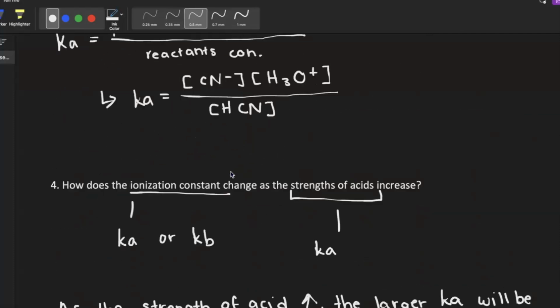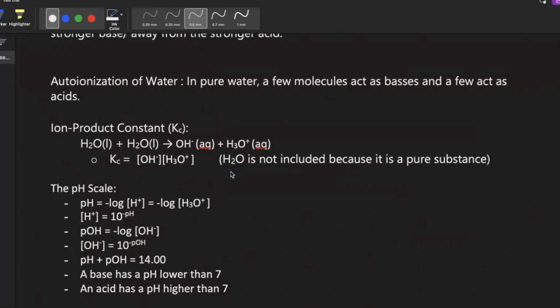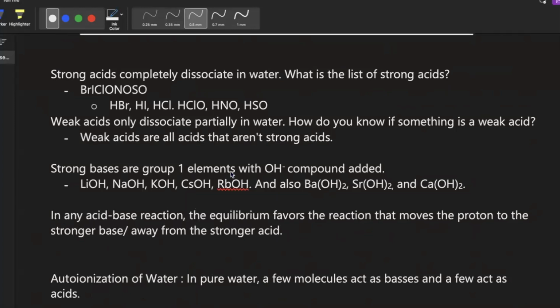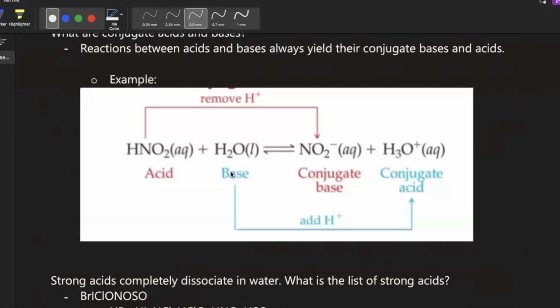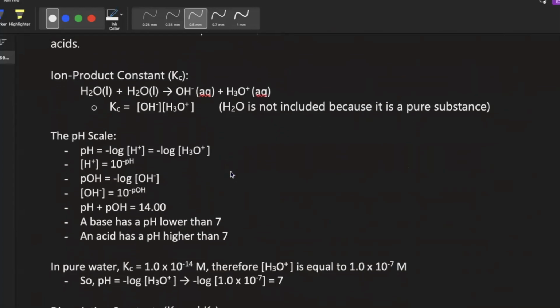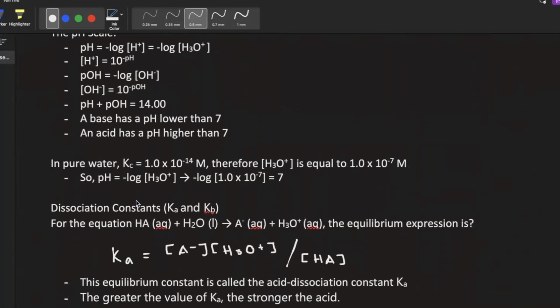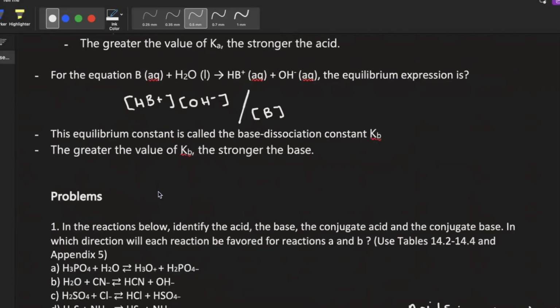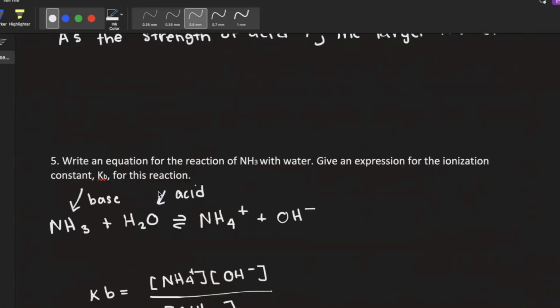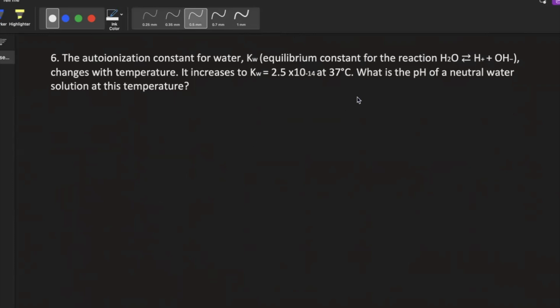Recall at the very beginning that we say that Kc is equal to 1.0 times 10 to the negative 14th. This is going to be at room temperature, or 25 degrees Celsius. But if we look at this question, it occurs at 37 degrees Celsius. So it's going to change with the temperature.